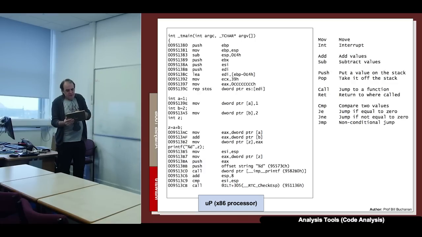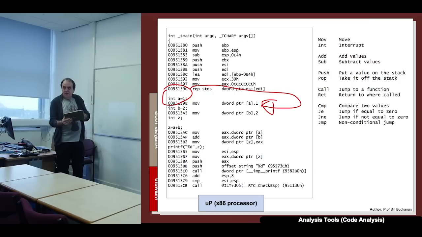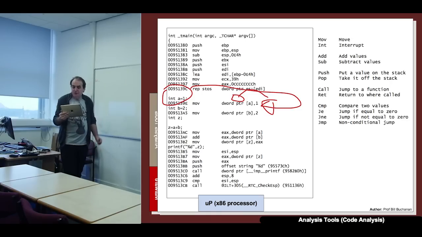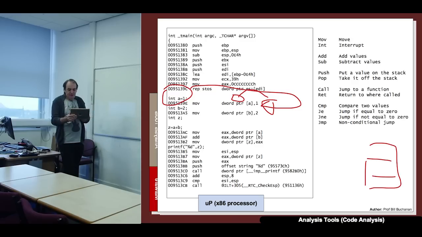To show you an example, int a equals 1: how we do that is we move the value into, does anybody know what square brackets mean? Should be a reference to the memory address. To the memory address, yeah. So it's called a pointer in memory, then there'll be an address location called A, and the value of 1 will go into that memory location, okay?